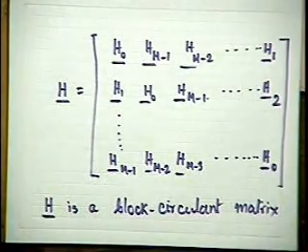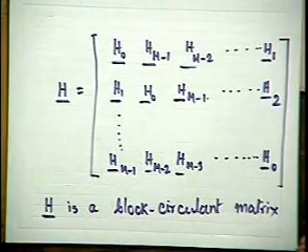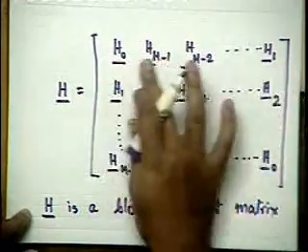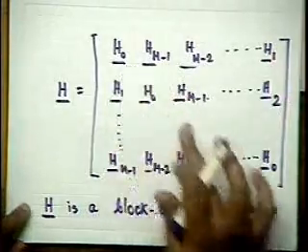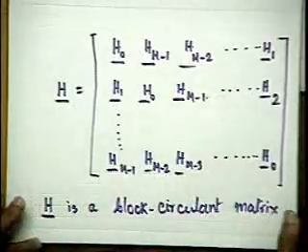Individually, these H matrices can be written as follows: if we take any index, let us say H of j, then H of j will be a circulant matrix. It is a block of several such circulant matrices.